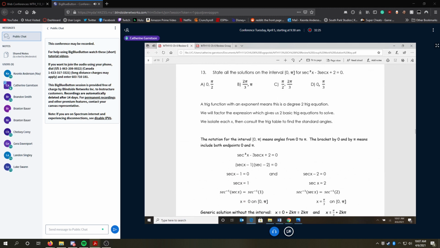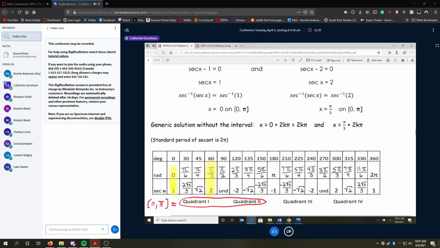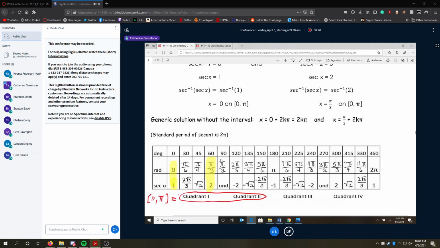Now, if they asked you to do a generic answer, we would say 0 plus 2k pi because the standard period of secant is 2 pi. And then that ends up being just 2k pi. And then the other solution would be pi over 3 plus 2k pi. So that would be your generic form of the answer.